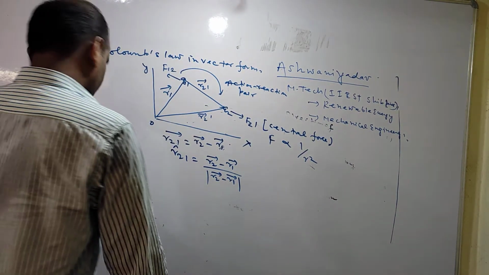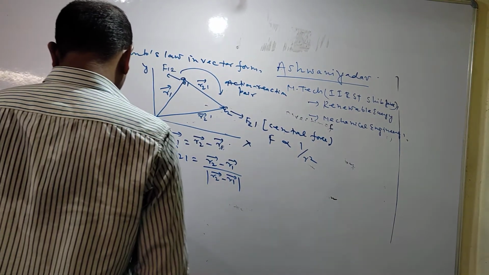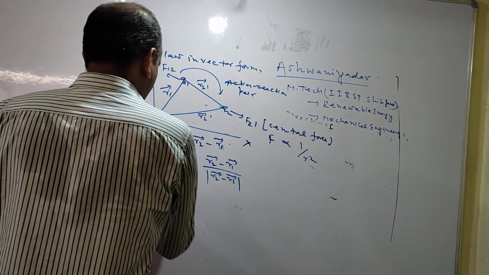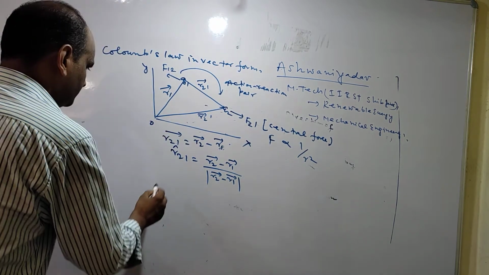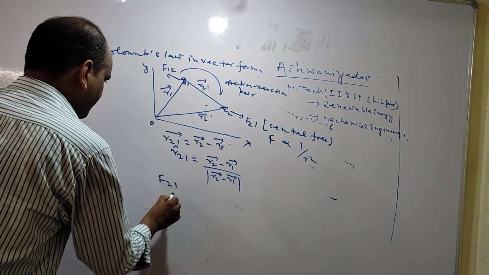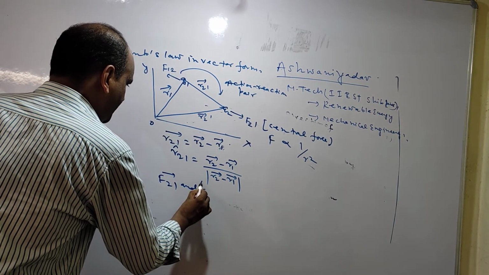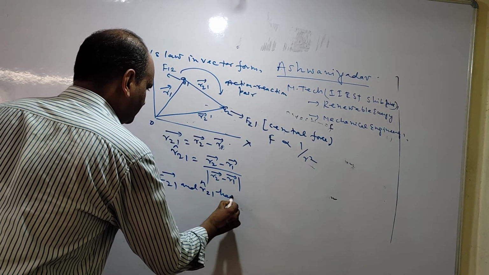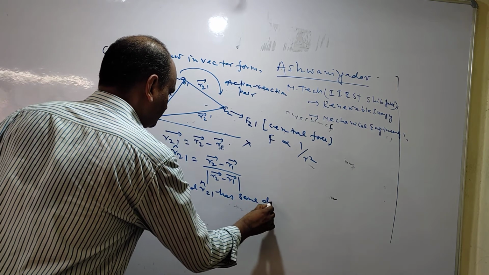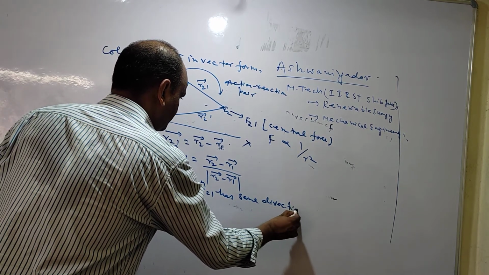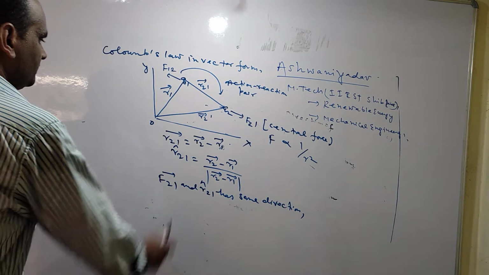Now it is clear that the direction of F21 and the unit vector r21 is the same.